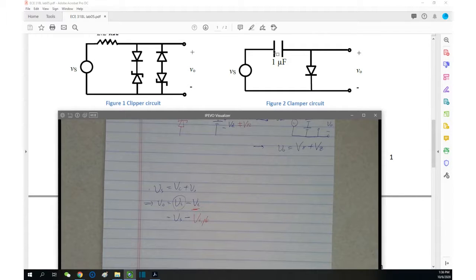As long as your source can still exceed the capacitor voltage, it's going to keep charging, until one moment the capacitor voltage is at the peak of the source, then your source has no way to exceed this value anymore, and then it stops charging.